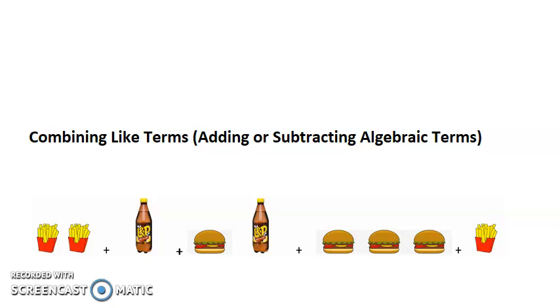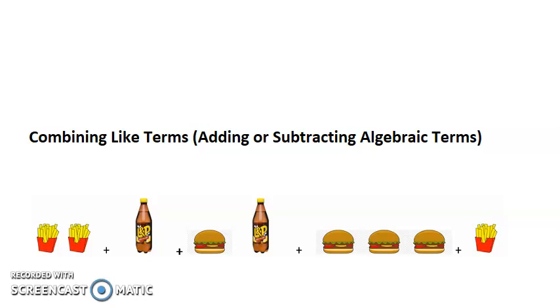You say, I want 2 chips and 1 LMP and 1 burger and 1 LMP and 3 burgers and chips. Now, be honest, people don't really like you to order the food in this way. But I'm going to use algebraic terms to represent your order here.